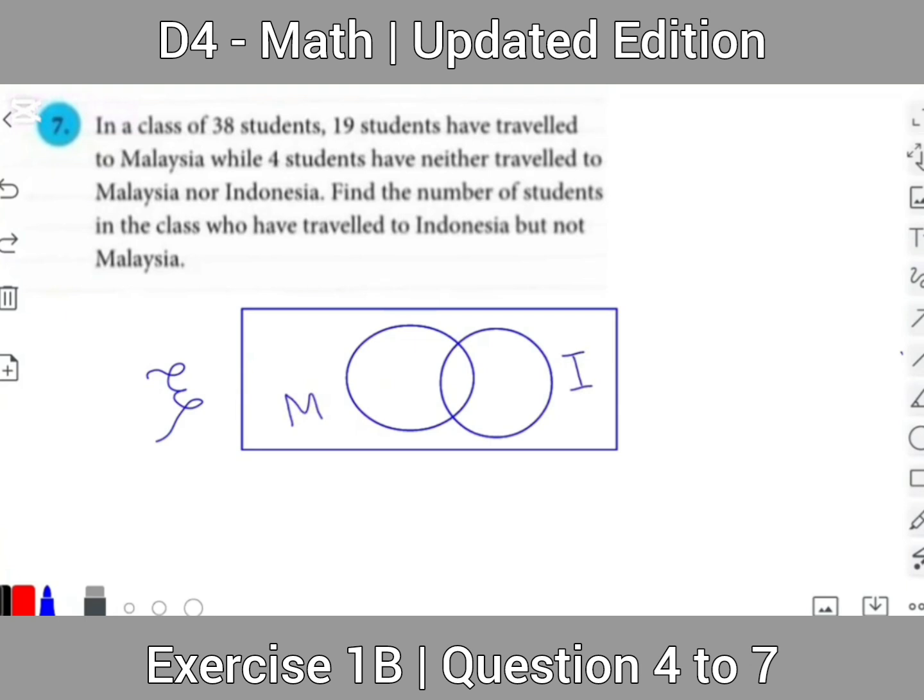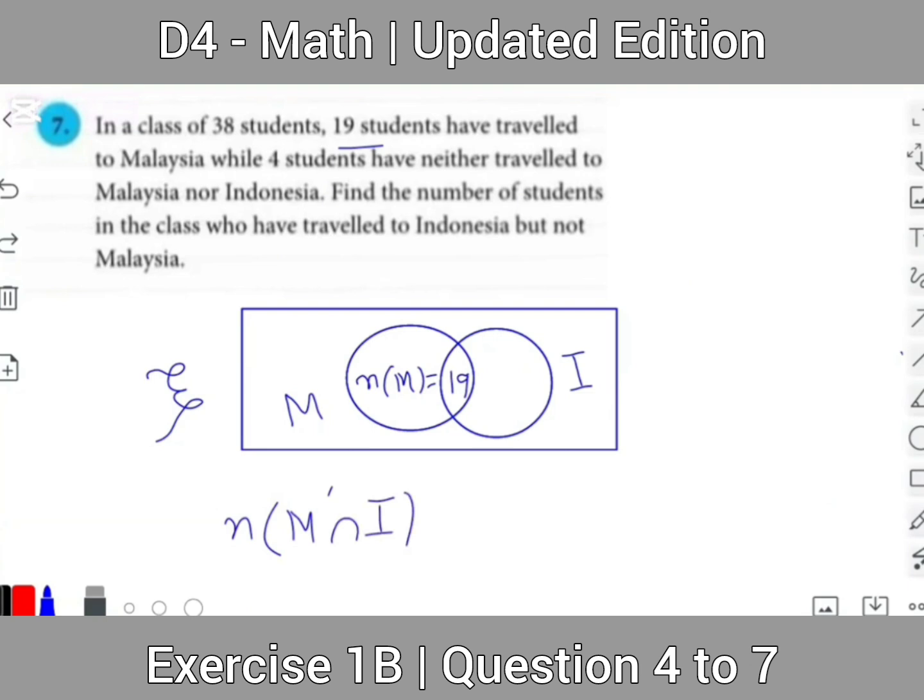Since the number of students who traveled to Malaysia is given in the question and that is equal to 19, so n of M is equal to 19. And we have to find out the students who traveled to Indonesia but not Malaysia.